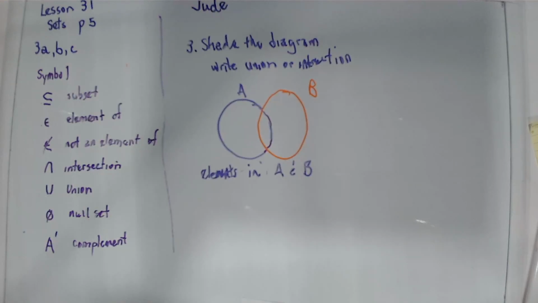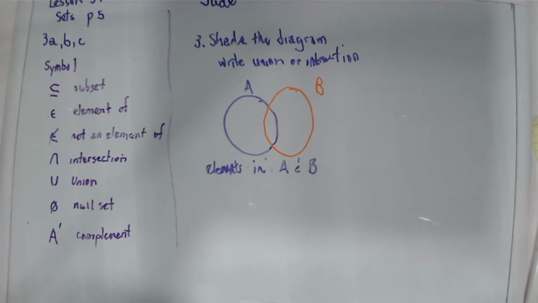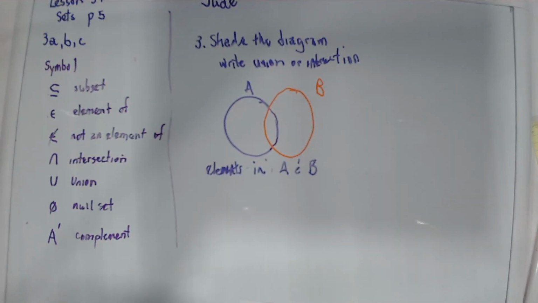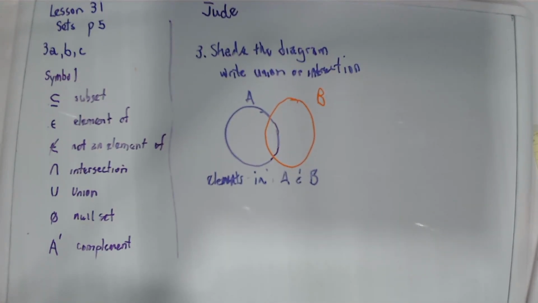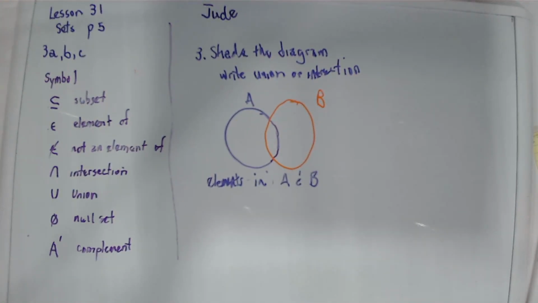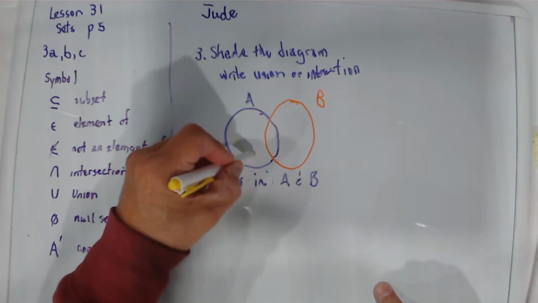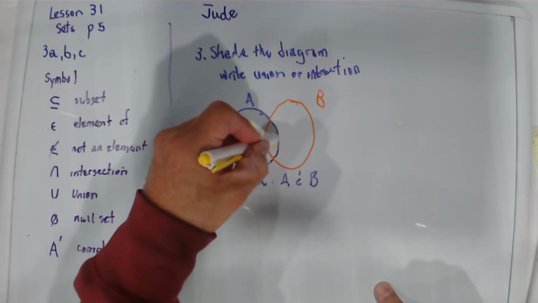Okay, so what we're looking for are the elements in A and in B. So let's shade that so we can see what we are looking at. So it would be, and I'll highlight it in here, we want all of the elements here.